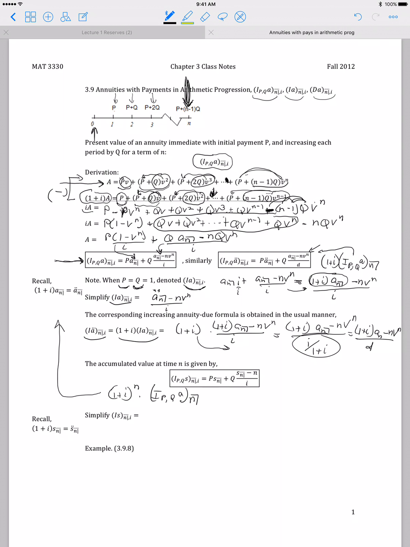And so we don't really need to memorize this formula, but if you want to see how the formula comes about, you take your 1 plus i to the n, you're multiplying by what? P a_n, and then each term in the numerator gets multiplied by 1 plus i to the n as well.